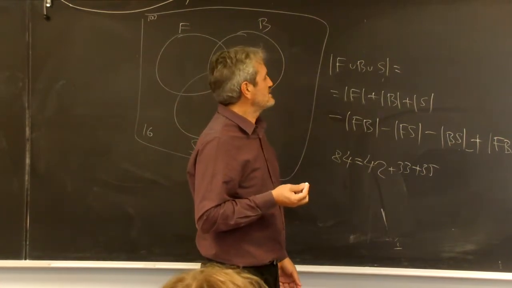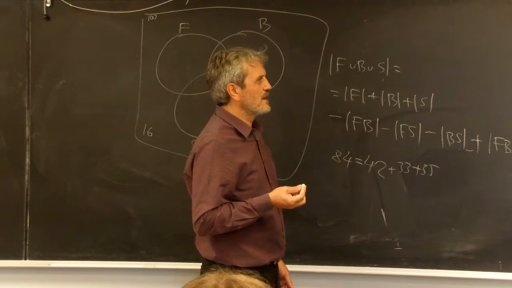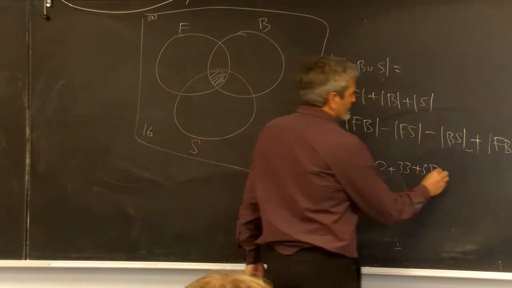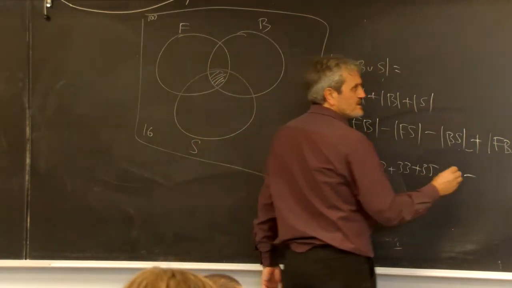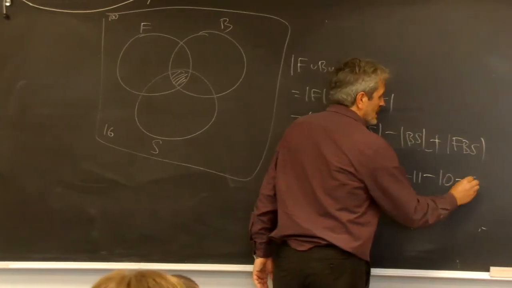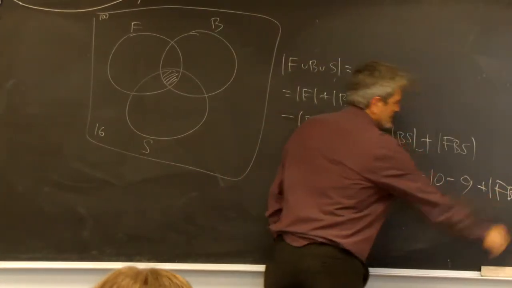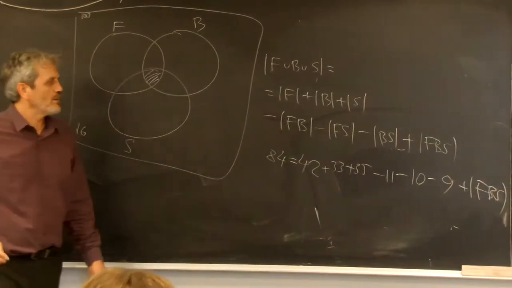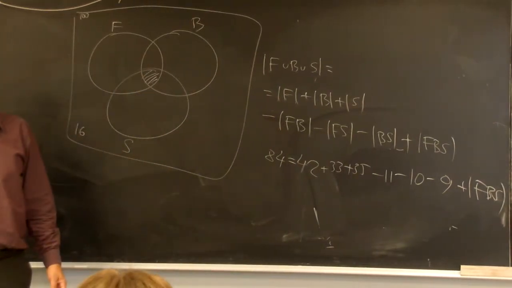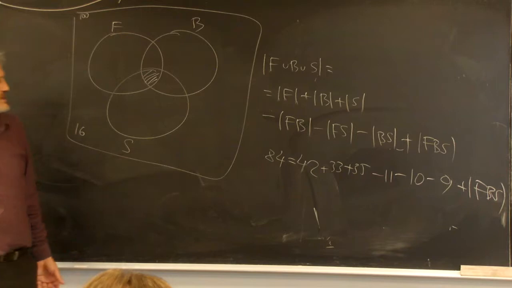And then what? Double overlap. Where are double overlaps? 11 for the first double overlap, 10 for second, and 9 for third, and plus FBS. So can I get the number of those that play all three sports? Yes, that just solves the equation.